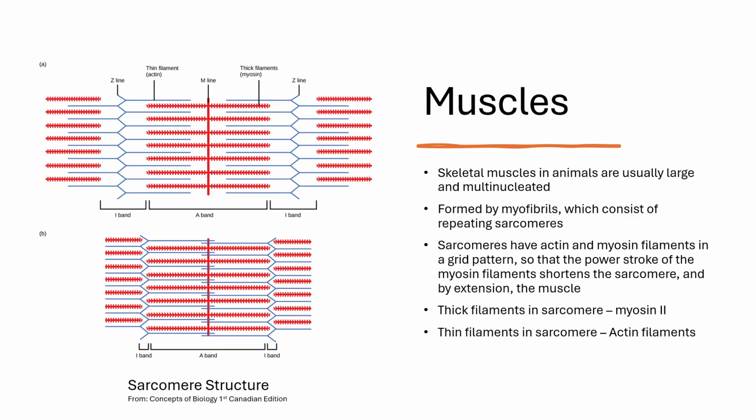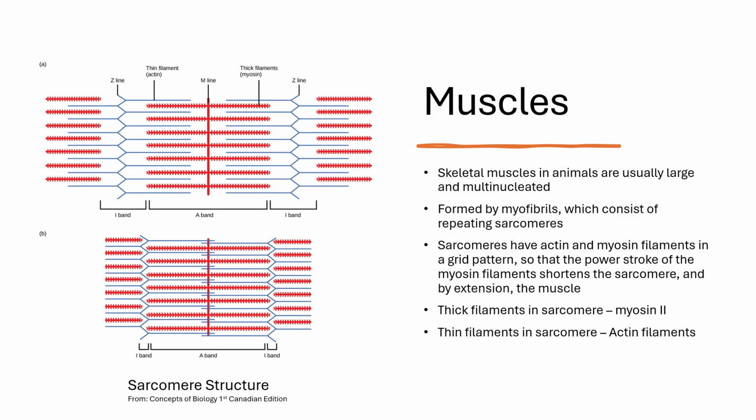So, skeletal muscles in animals are usually large and multinucleated, formed of myofibrils, which in turn consist of repeating sarcomeres. Sarcomeres have actin and myosin filaments in that grid pattern, which you can see in that picture off to the side.